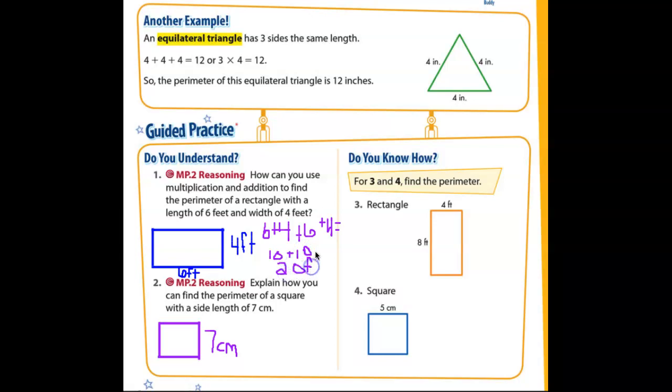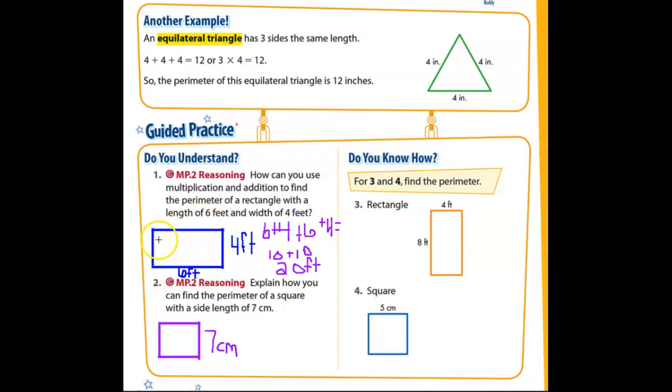If I wanted to multiply, then I could multiply. I'm going to erase, and that's okay. I could multiply by multiplying 6 times 2 because there's 2 sides that are 6 feet, and I could multiply 4 times 2.